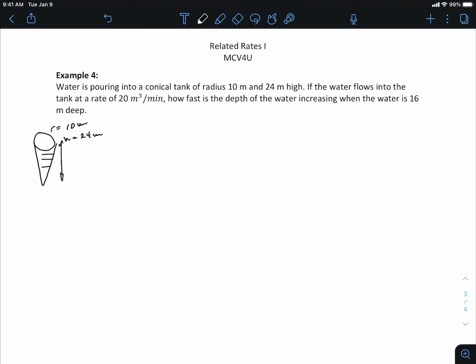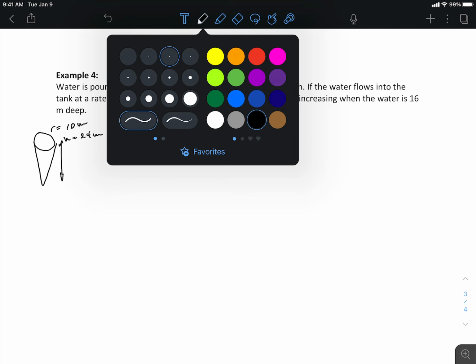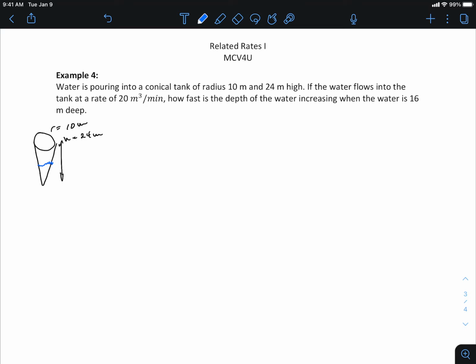And we know how its volume is changing. The other thing we want to know is, when the water is 16 meters high, what's going on? That's our question. Cones are quite tricky.